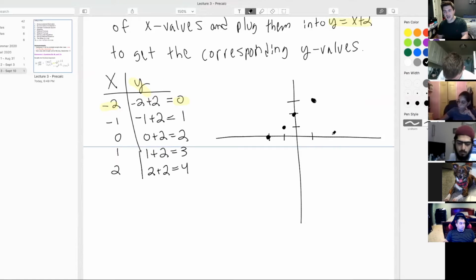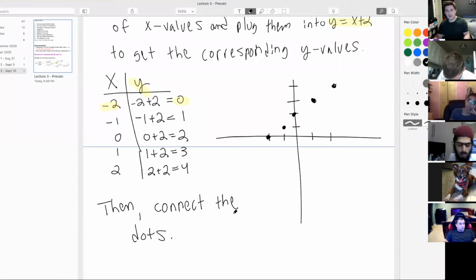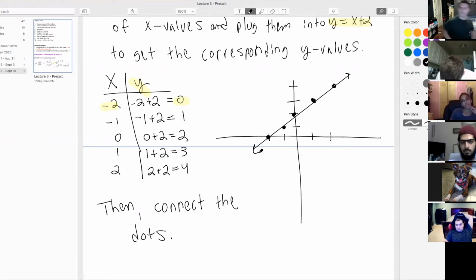And then 2, 4. Then just connect the dots. Let's see if I can make this look all right. Something like that. Just connect the dots with a straight line. And there you go. You have your graph of the equation.